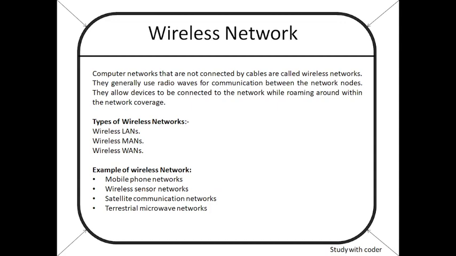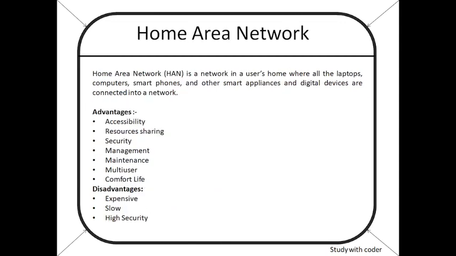Wireless LAN means wireless local area network, wireless MAN means wireless Metropolitan Area Network, and wireless WAN is wireless wide area network. Examples of wireless networks: mobile phone networks, wireless sensor networks, satellite communications networks, terrestrial microwave networks.